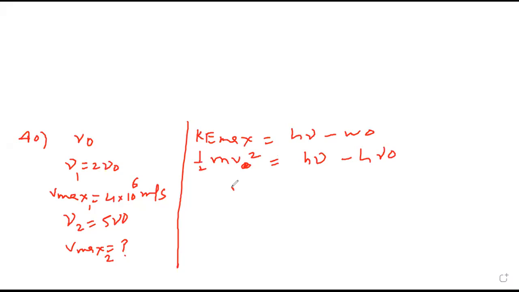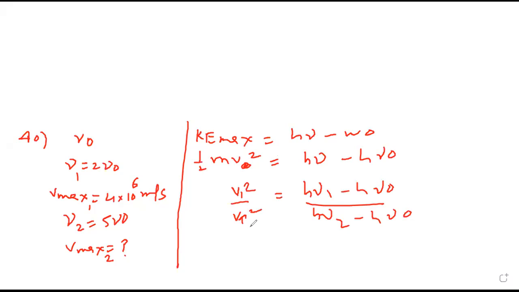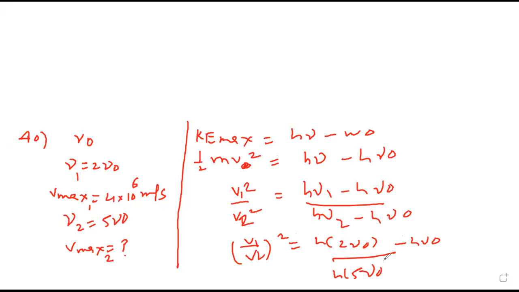If I take the ratio, v1 square upon v2 square will be h nu 1 minus h nu 0 over h nu 2 minus h nu 0. This means v1 upon v2 the whole square is h 2 times nu 0 minus h nu 0, over h 5 times nu 0 minus h nu 0.